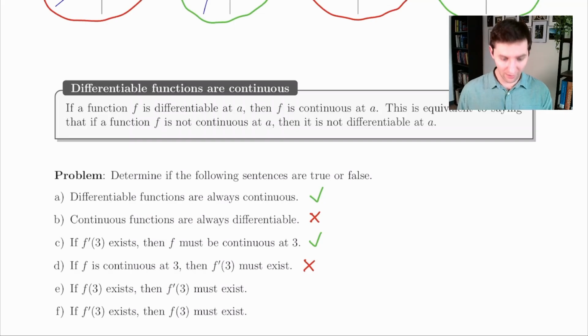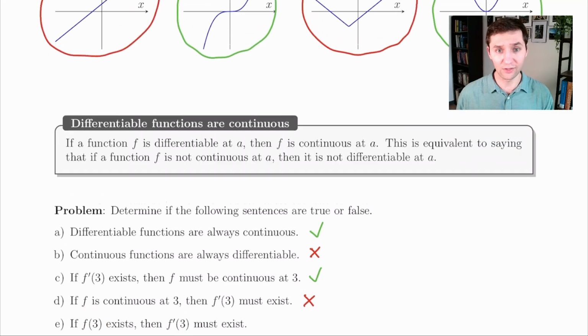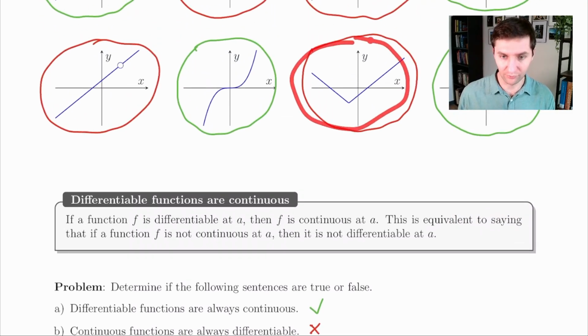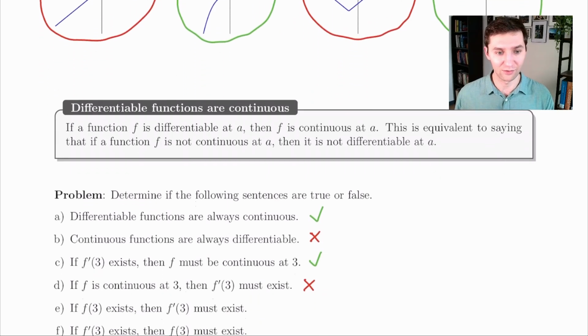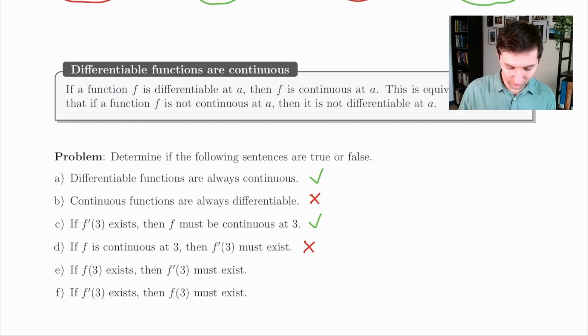Let's think. If the value of the function exists, does it tell us anything about the derivative? I don't think so. Take a look at this example. The value of the function existed here, but the function was not differentiable there. So this statement is not true. Just because the value of the function exists doesn't mean that the derivative must exist.